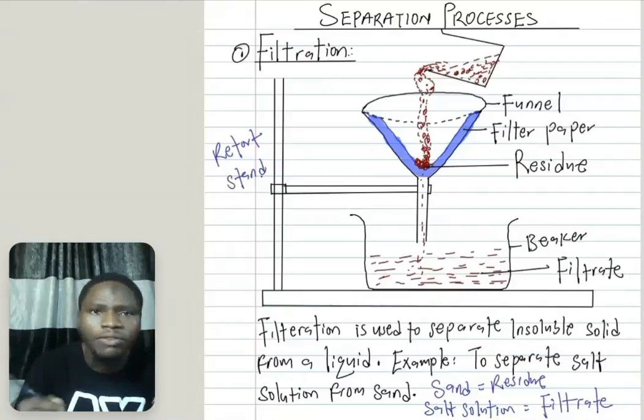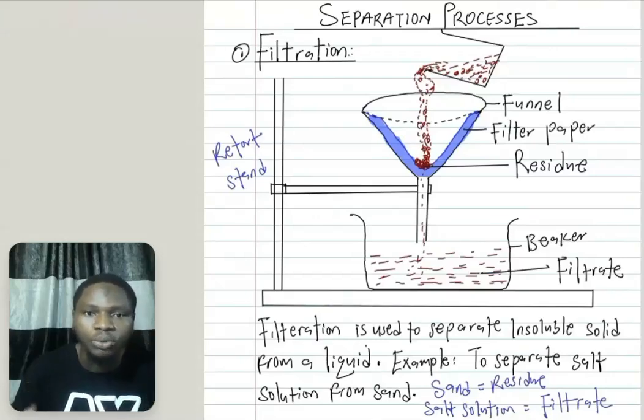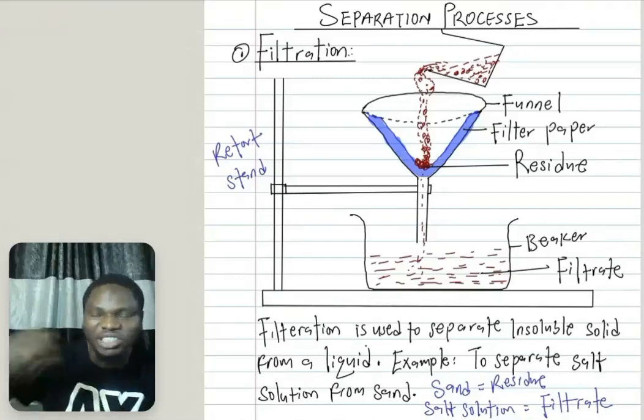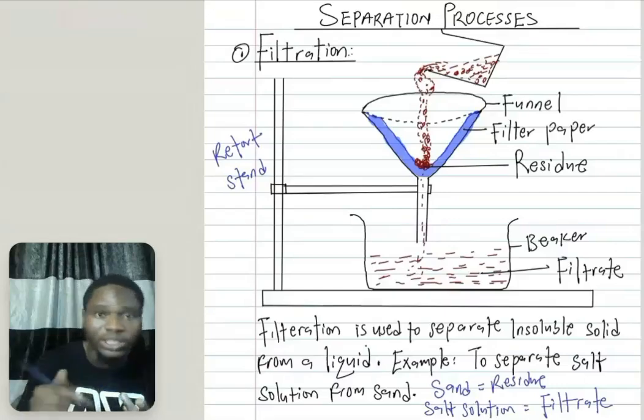Look at the wordings here. Filtration is used to separate insoluble solid from a liquid. The word insoluble means something that does not dissolve. So if I say I have an insoluble solid in a liquid, it means the solid cannot dissolve in the liquid. The opposite is soluble, which means it can dissolve.